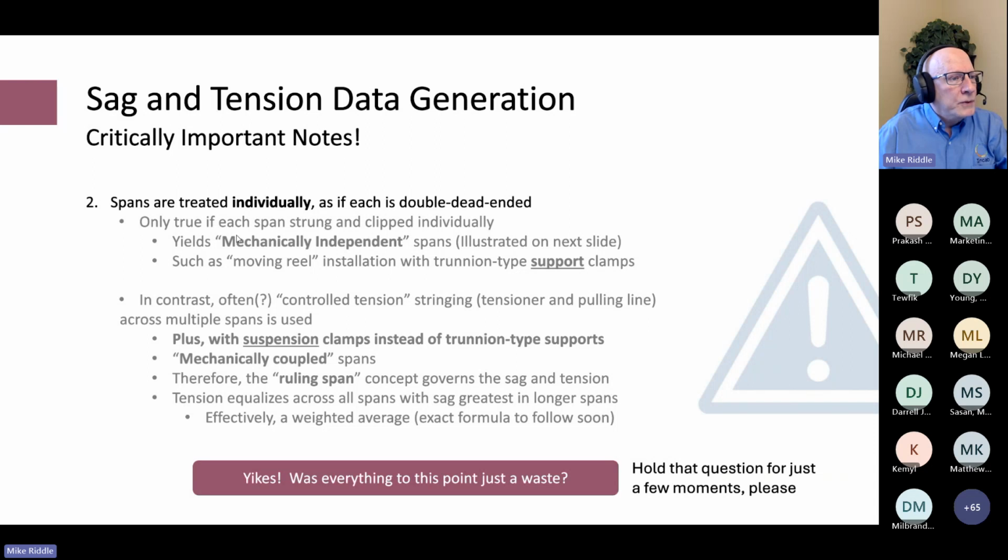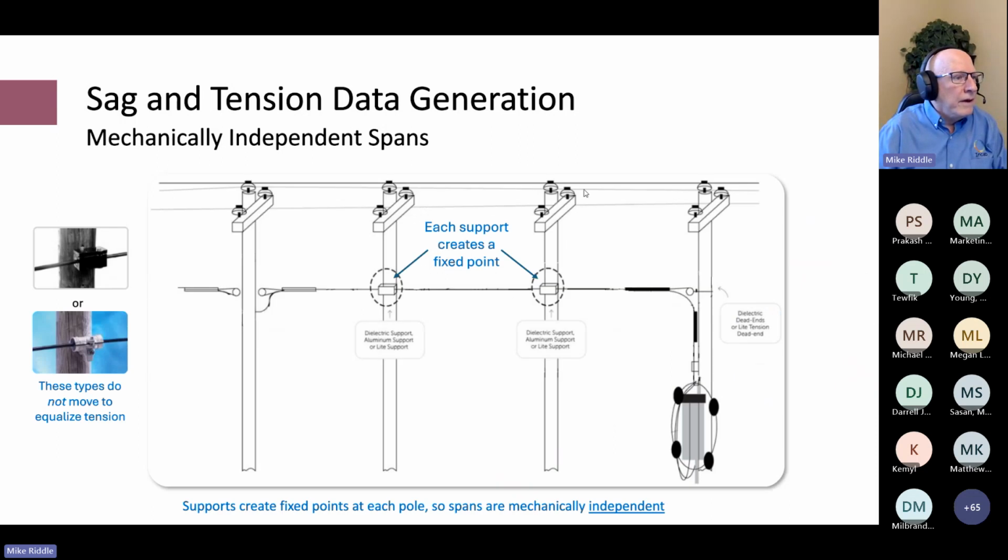And that's only true if each span is strung and clipped individually. You get mechanically independent spans, which I'll illustrate in a moment. And this is done if you're using what's known as the moving reel installation method, and if you're using a trunnion type support clamp. So again, it's just easier to show you on the next slide.